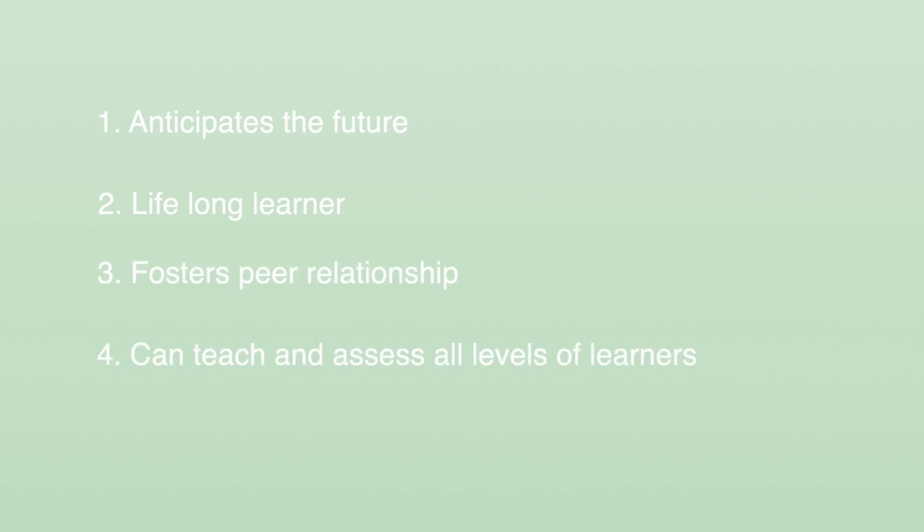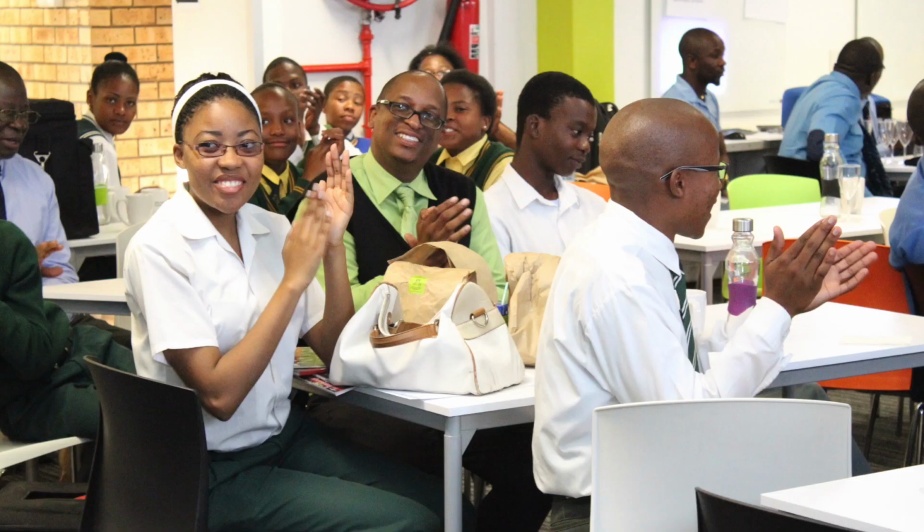Anticipates the future. 2. Is a lifelong learner. 3. Fosters peer relationships. 4. Can teach and assess all levels of learners. 5. Is able to discern effective versus non-effective technology. Read the 5 characteristics of the effective educator to understand the characteristics of an effective 21st century educator.